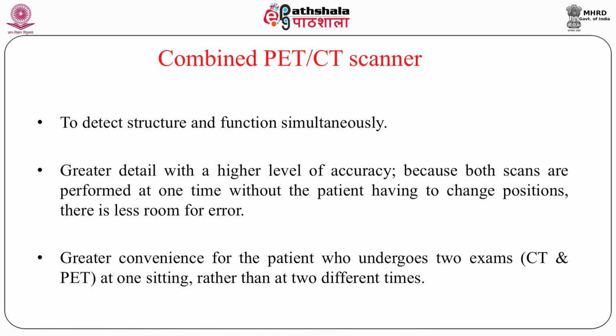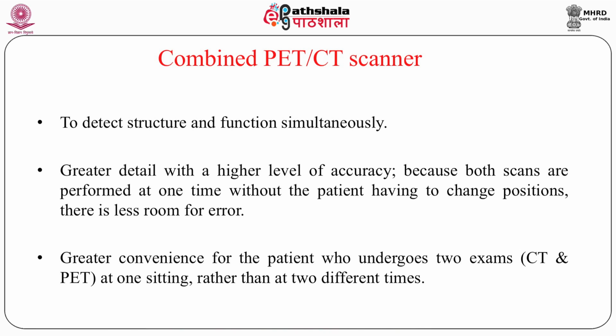But here the patient has to be scanned twice. It may so happen that the patient moves, and whatever anatomy or posture we are looking at may get disturbed. So nowadays the technology we are using is the combination technology, PET and CT.